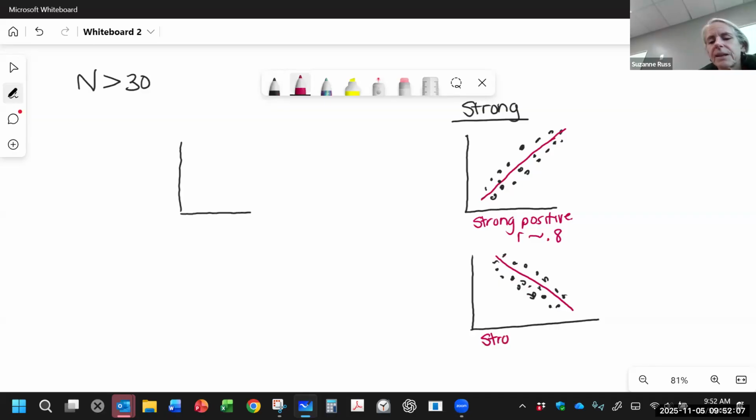Remember, strength and direction are separate, but in this case, it's a strong negative relationship. And the R might be negative 0.8, but they're still equally strong.